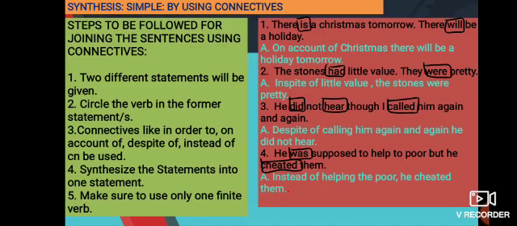You can even use instead of. So you can write, instead of helping the poor, he cheated them. In spite of doesn't sound as good as instead of sounds. So it is instead of helping the poor, comma, he cheated them.